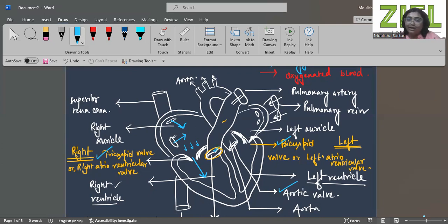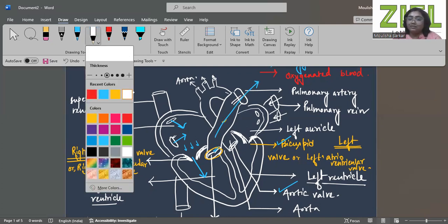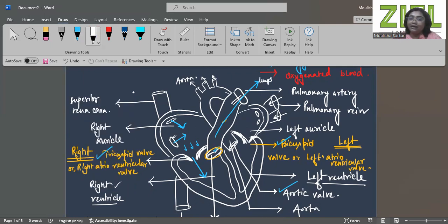And when the pulmonary valve is open, blood through the pulmonary artery will go towards where? Towards the lungs, because the pulmonary artery takes the deoxygenated blood from the heart to the lungs. Okay, so the right part of our heart is only responsible for the circulation of deoxygenated blood.